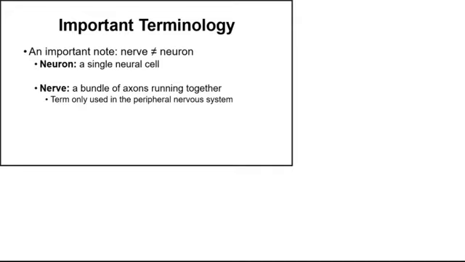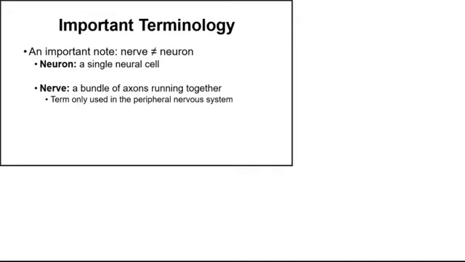But we can then talk about nerves, which are bundles of axons that run together. So nerves have the axons from multiple neurons all wrapped up together. Now this is where that technicality comes in. The term nerve is actually only used in the peripheral nervous system. So we would never talk about a nerve in the brain.